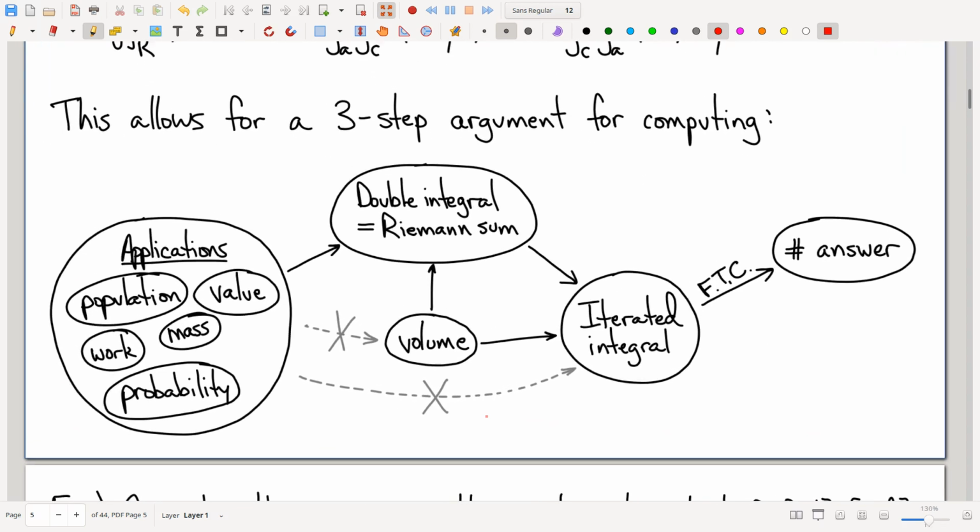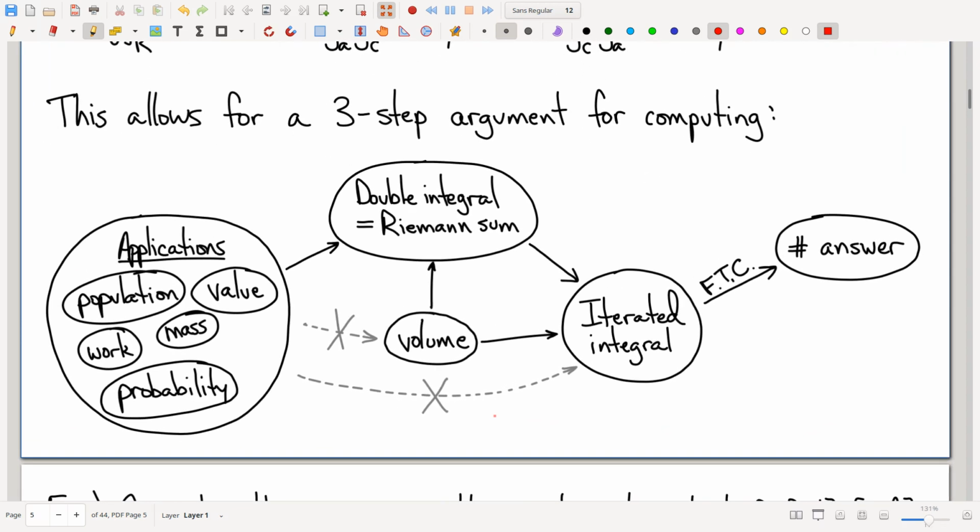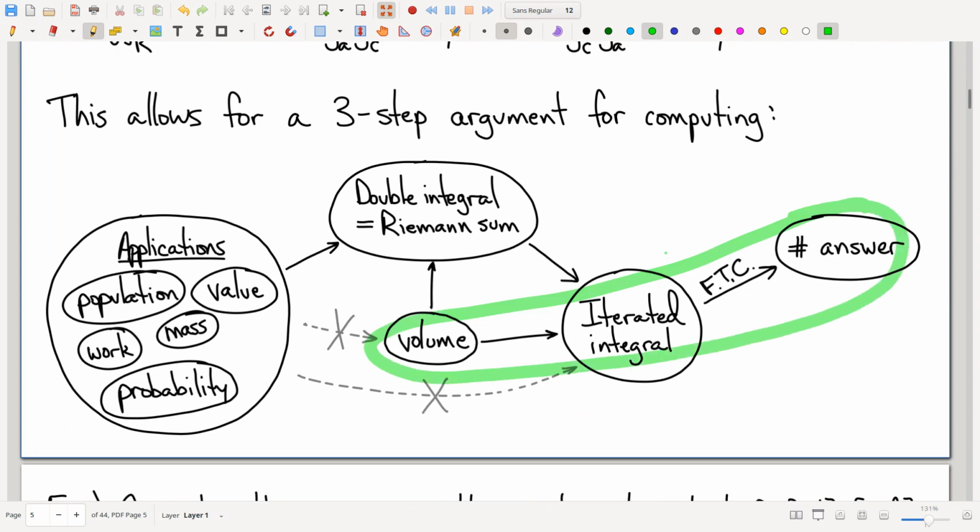This is kind of a summary of everything we've done so far. We started off by computing volume under a graph. We derived this thing called an iterated integral. We plugged and chugged. That was nice and all, except it wasn't good for anything else. We had to recognize you can't just argue that mass is a volume, because it isn't.